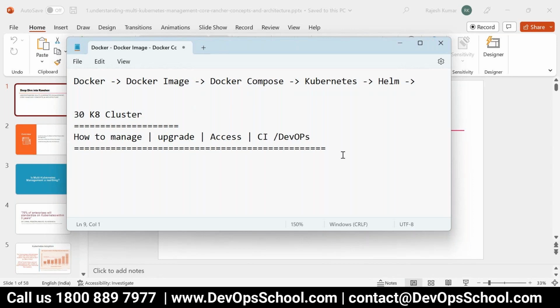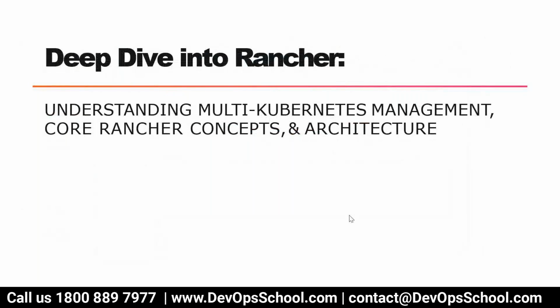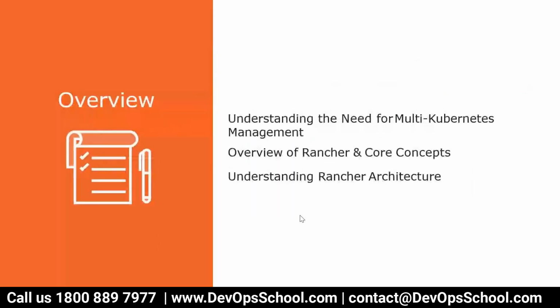So many products exist in the market for this. One of them is Rancher. I think you have heard about OpenShift, and PKS from VMware. I'm teaching you Rancher in this course. Got it? So understanding multi-Kubernetes management, core Rancher concepts and architecture, this I'm covering right now.